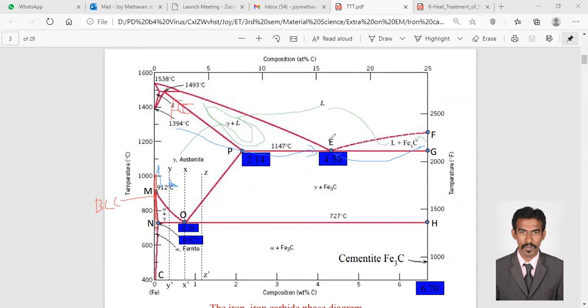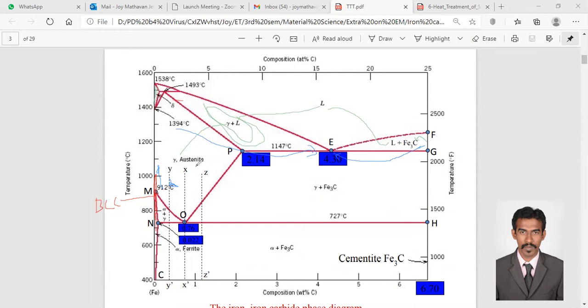The E point I already explained, and now we see this delta point. This small region is the delta Fe. That is formed at the temperature of 1394.